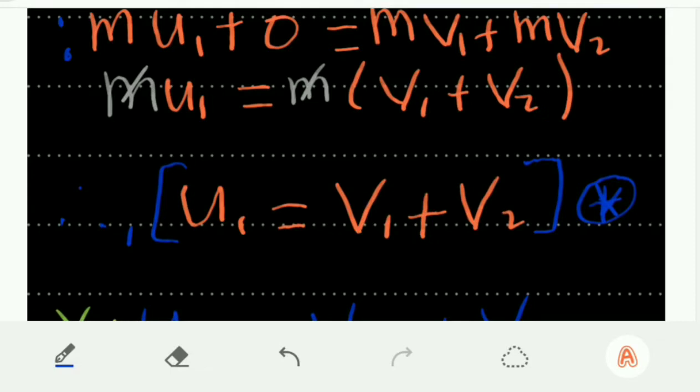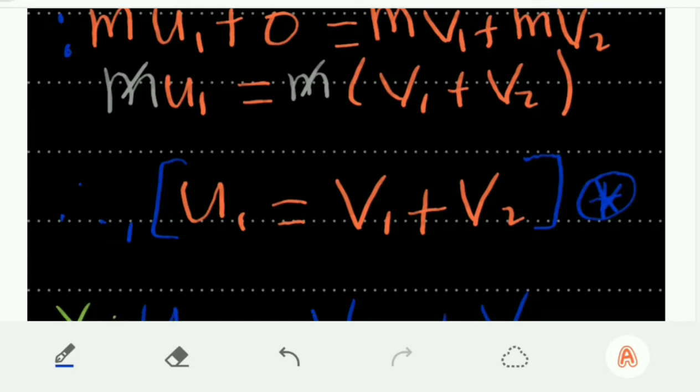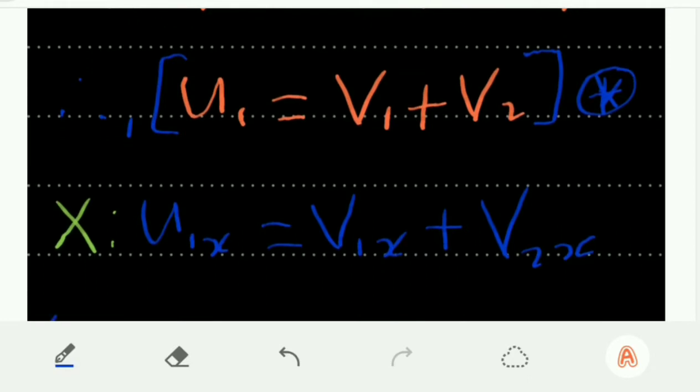So this is the equation of the system. We have u1 equals v1 plus v2. We know what u1 is, but we don't know what v1 and v2 are. So now we consider the components. The x component of equation star is going to give us u1x equals v1x plus v2x.